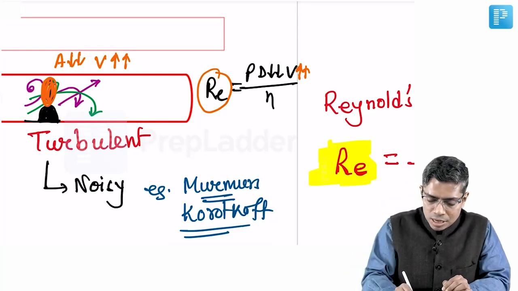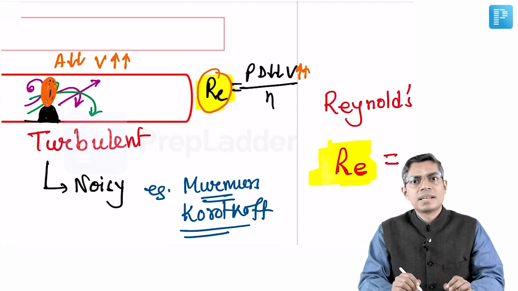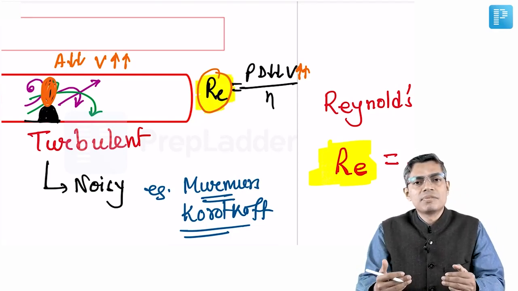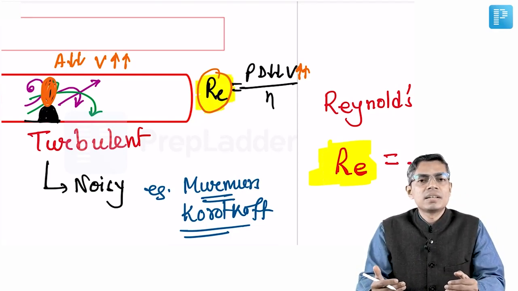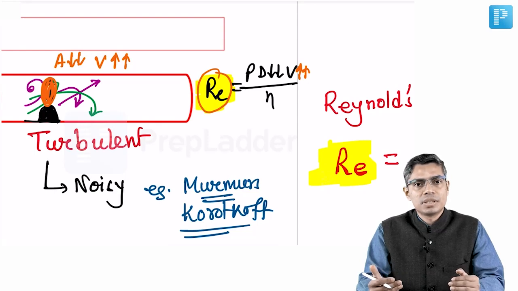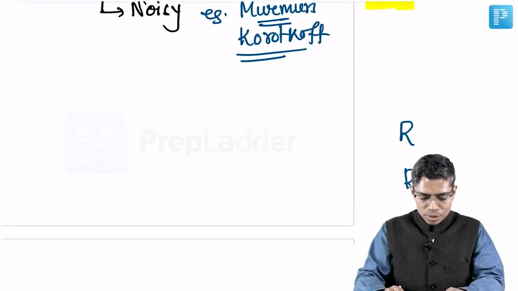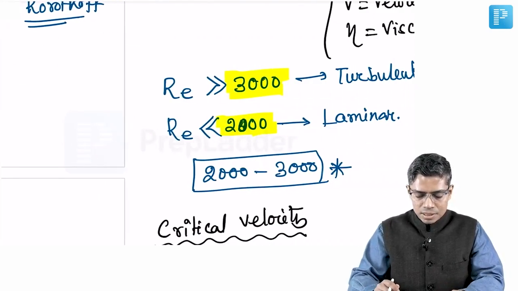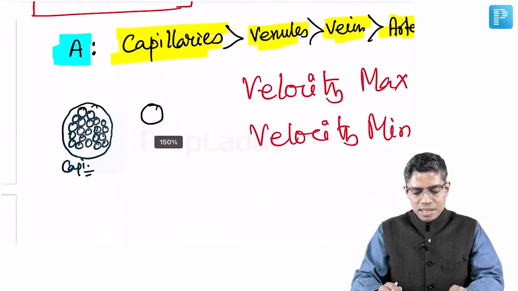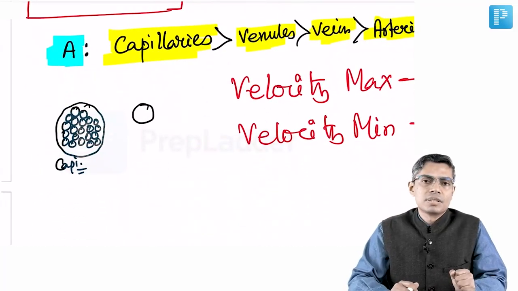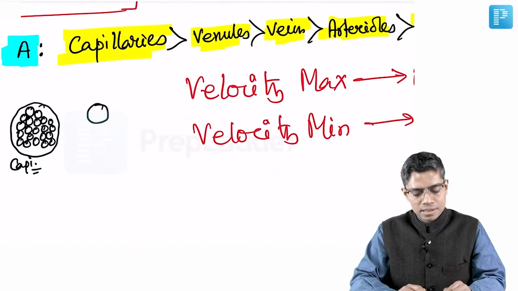Because of this, the Reynolds number will be higher, and most probably the flow will be turbulent in nature, and that will produce some sound. Getting my point? So this way you have to remember the concept of critical velocity, cross-sectional area, and velocity of blood flow in different parts of the vasculature.